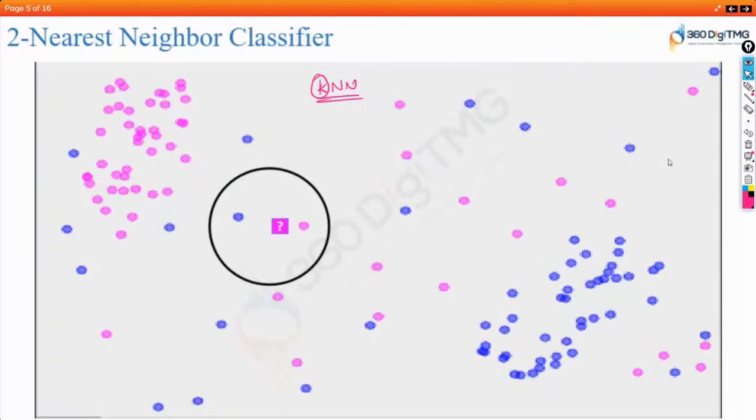So when I take K equal to 2, then I'm going to measure the two shortest distances. This is 1, this is 2. Right? Two shortest distances.